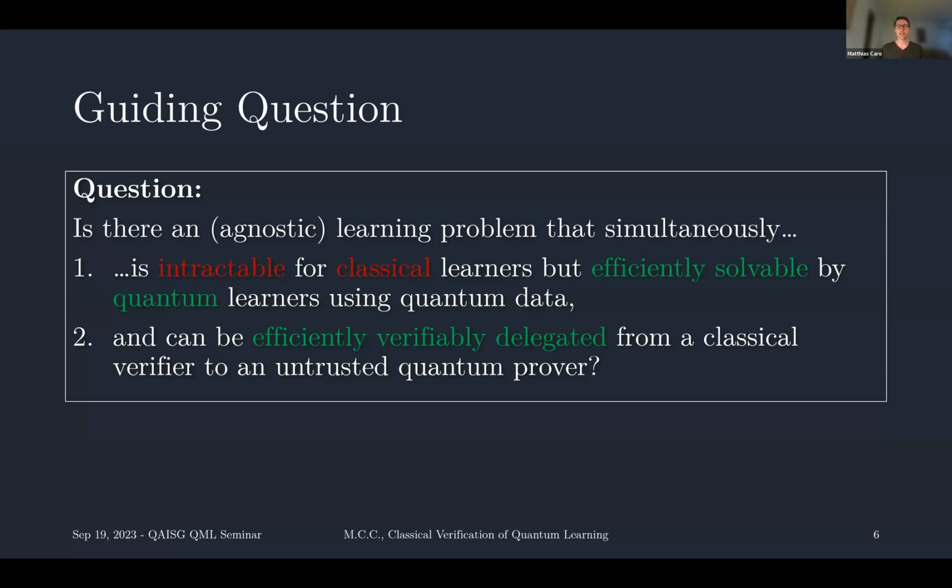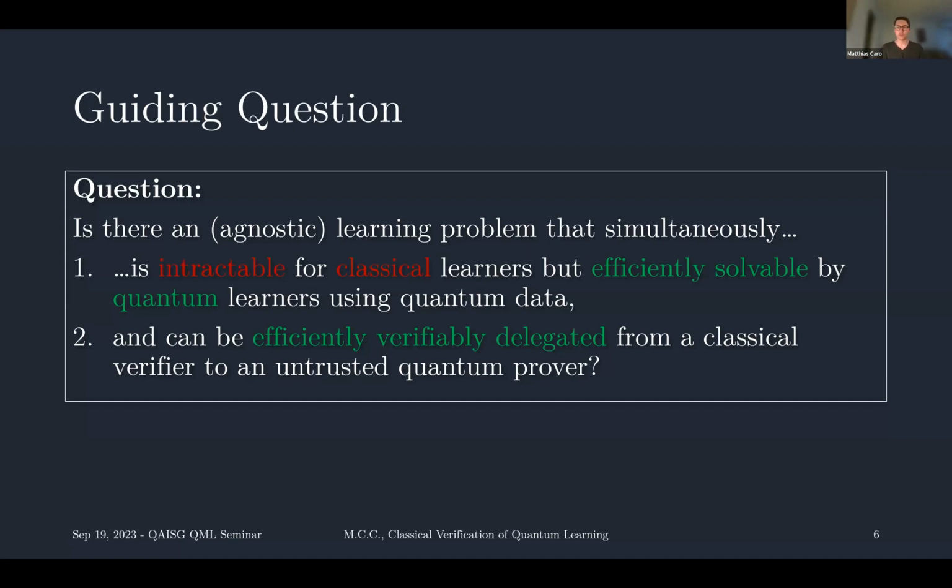Okay, so we want a problem that as a classical verifier, I cannot solve on my own. But if I have access to a powerful quantum machine learning architecture, but I don't have direct access, I only have remote access, then I want to be able to delegate my learning problem there. And this is what we're going to do in this talk.